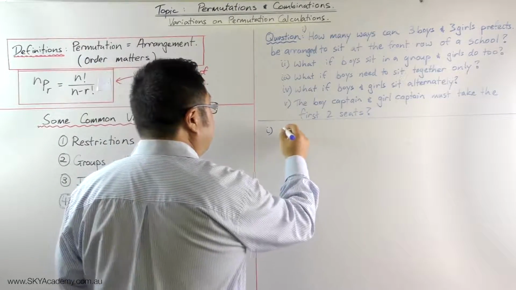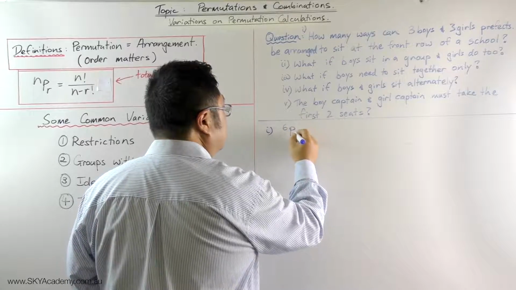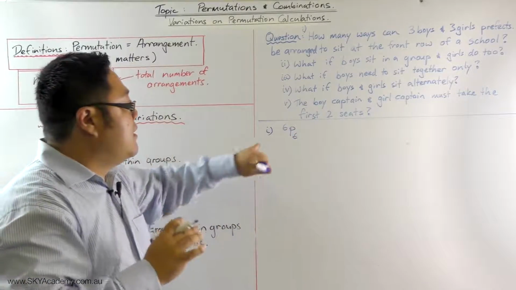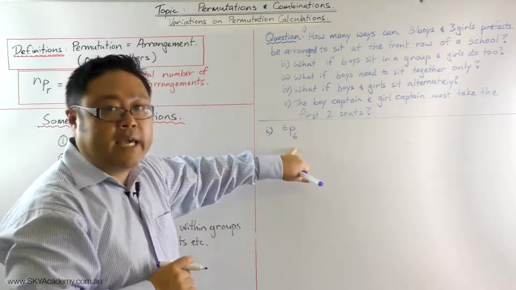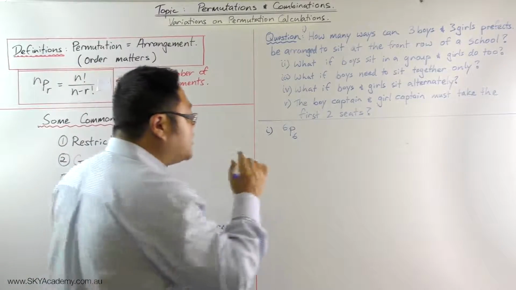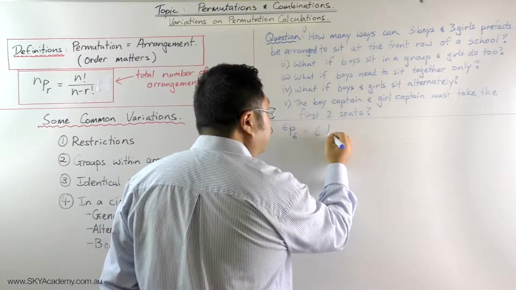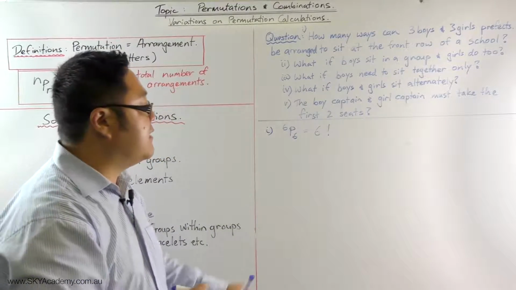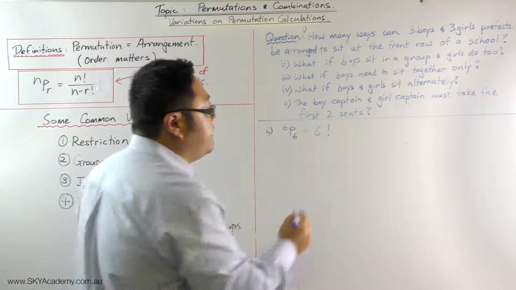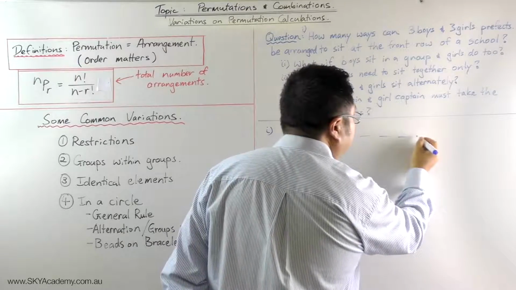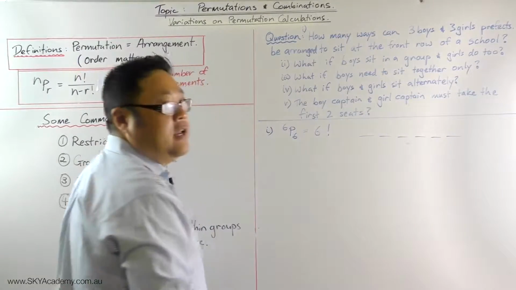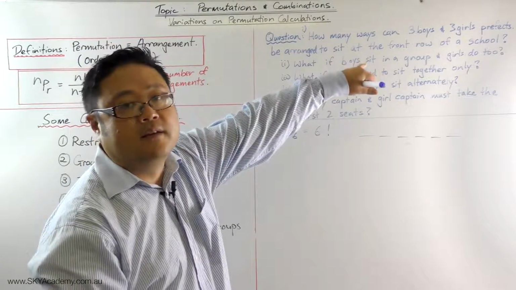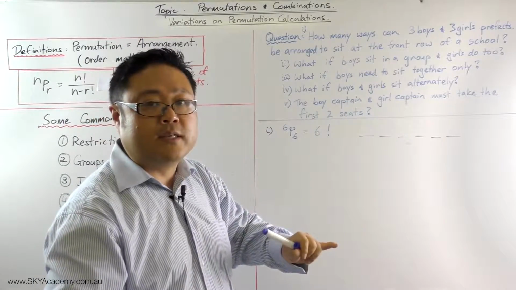The answer is 6 choose 6. Now, 6 choose 6 is actually 6 factorial. They're actually the same thing, right? The reason why is because you have 6 seats, and then you also have 6 prefects. Ignore the fact that they're boys and girls at this stage.